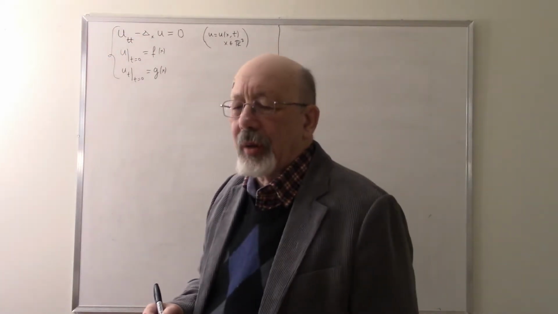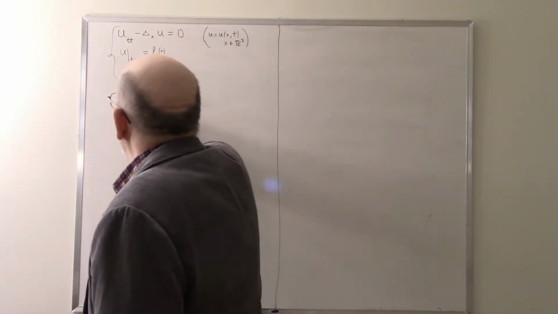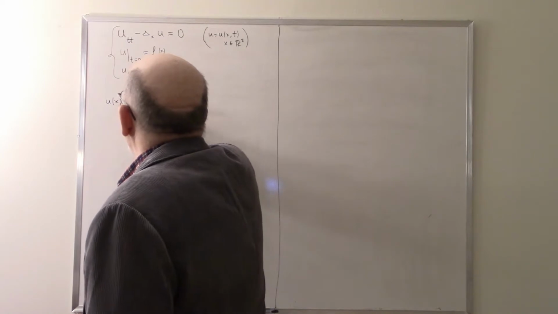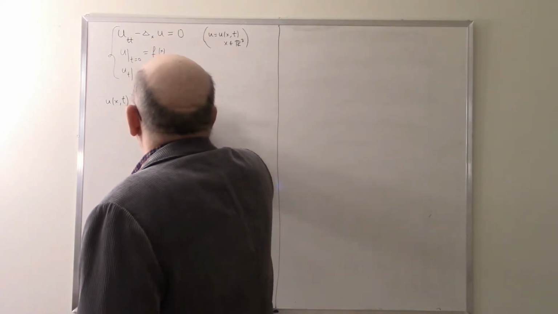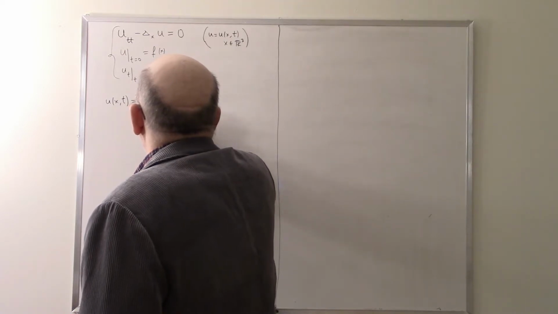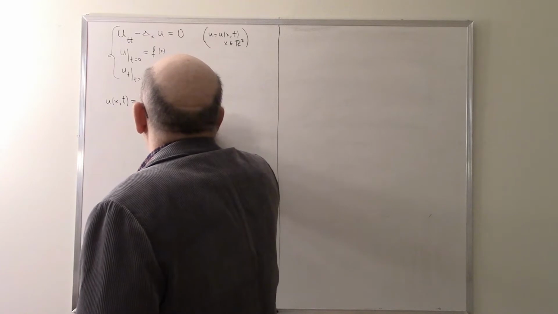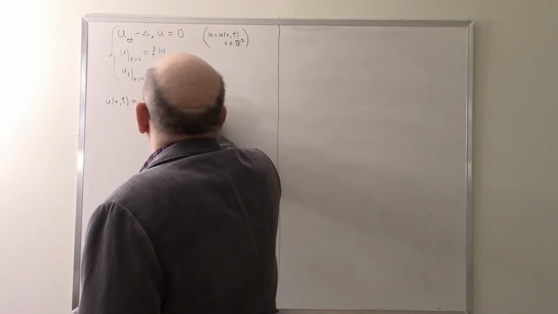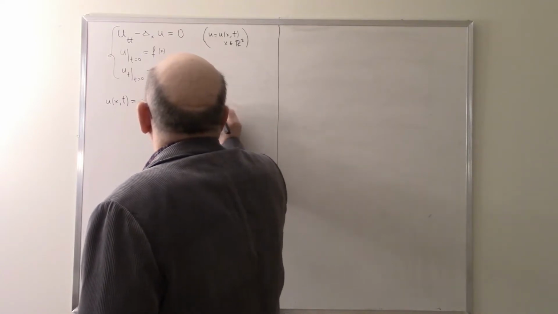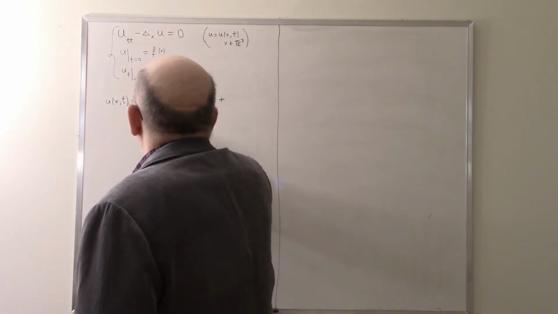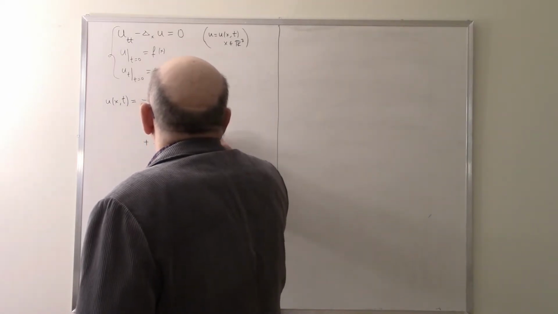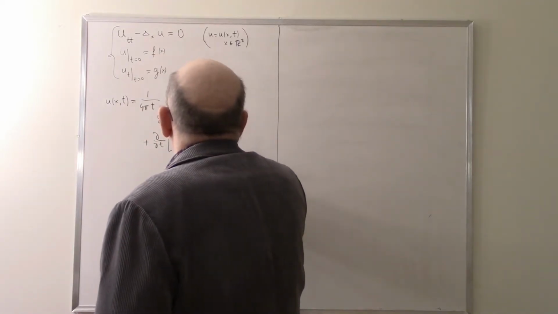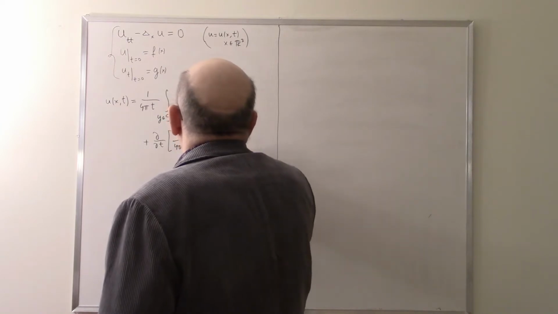And the formula which I derived last time, the Kirchhoff formula, is the following. u of x, t equals 1 over 4 pi t, integral for y in the sphere with center x and radius t, g of y dS_y, plus d/dt of 1 over 4 pi t, integral for y in S of x with radius t, f of y dS_y.